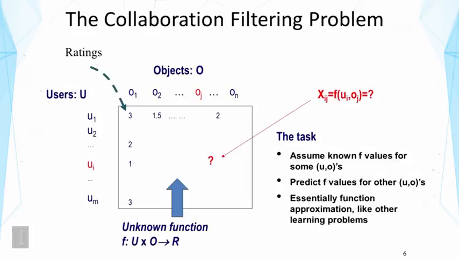So let's look at the collaborative filtering problem in a more formal way. And so this picture shows that we are in general considering a lot of users, we're showing M users here, so U1 through UM. And we're also considering a number of objects, let's say N objects, denoted as O1 through ON. And then we will assume that the users will be able to judge those objects. And the user could, for example, give ratings to those items.